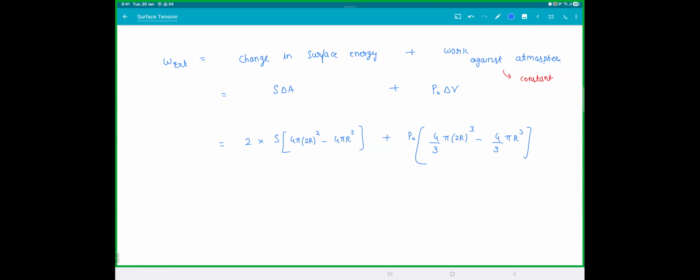Okay, next thing. So that's a little bit about the surface energy. The next thing, the excess pressure inside a liquid drop.